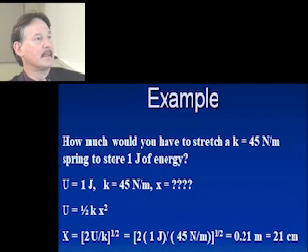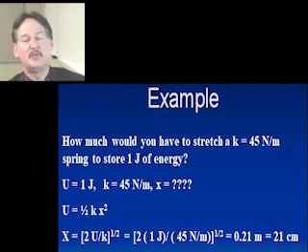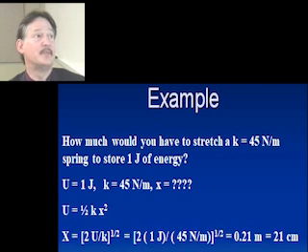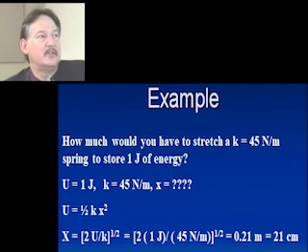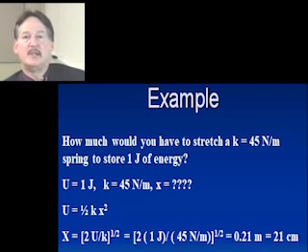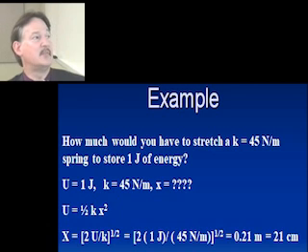How about this example? How much would you have to stretch a spring whose spring constant is 45 newtons per meter in order for that spring to store 1 joule of energy? If we know that the potential energy stored in the spring is 1 joule, we know its spring constant is 45, what value of x will we need to impart on that spring in order to store that amount of energy?